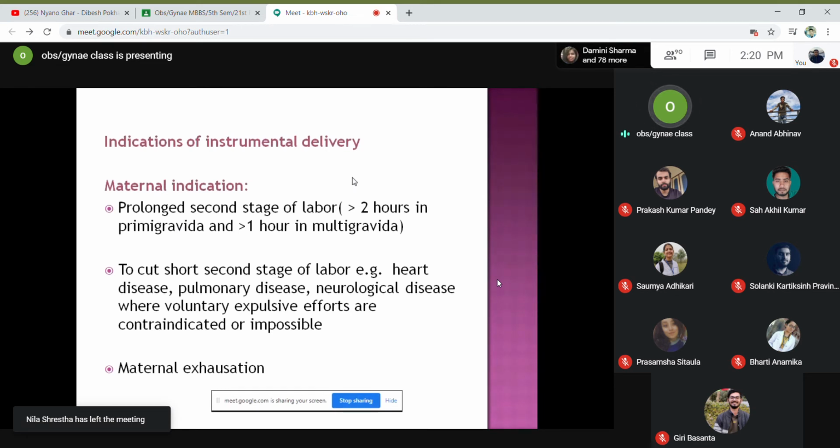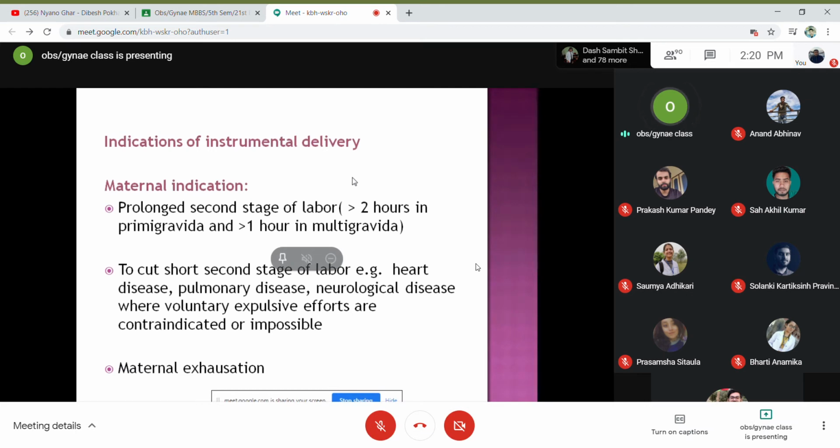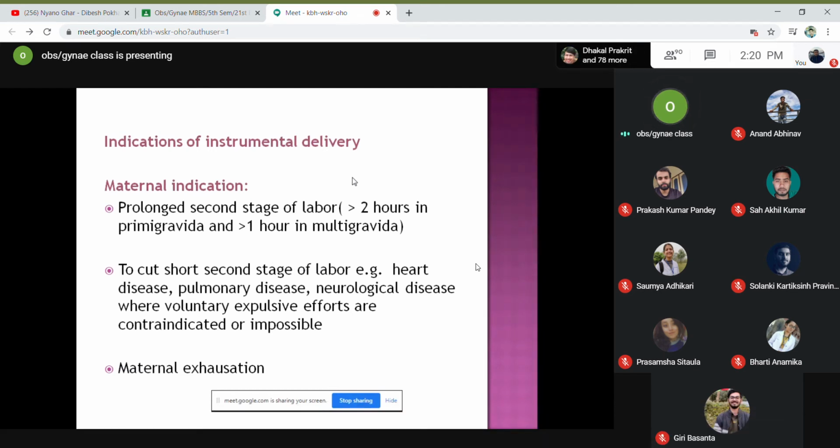The third maternal indication is maternal exhaustion. If a lady is too tired and cannot push, to help her also we can apply the instrument. That is called maternal distress or maternal exhaustion.